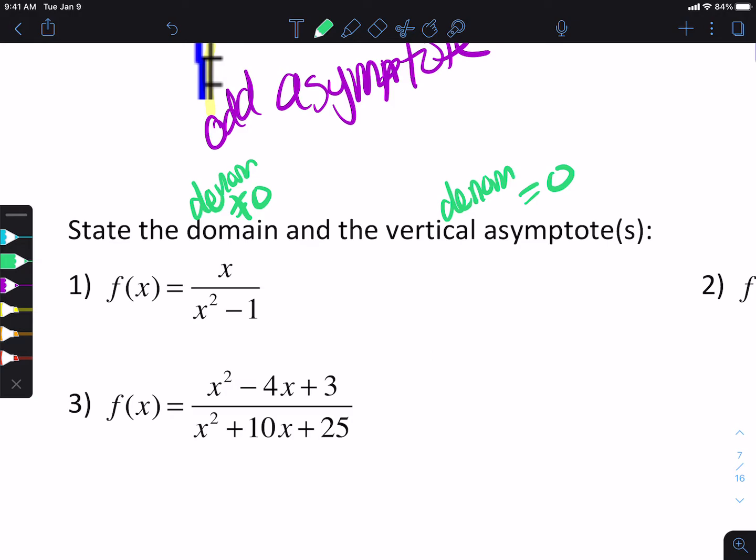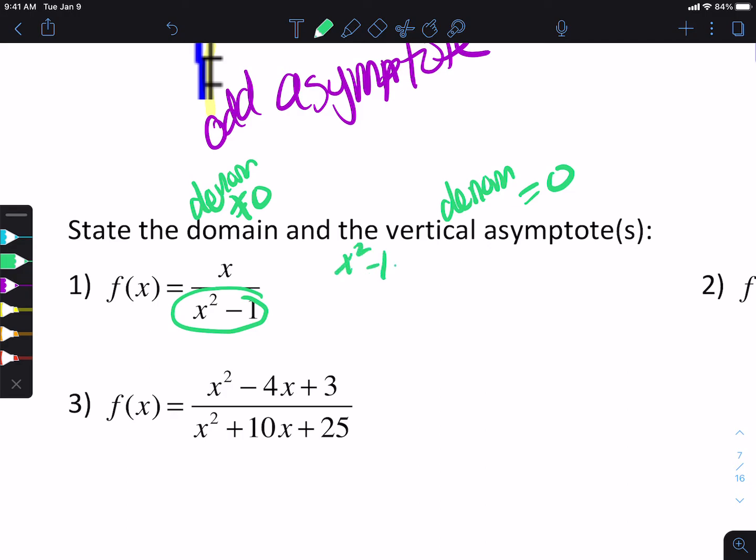Again, you could set it not equal to 0 and be like, oh, that's the domain, and then negate it so that it's x equals, and then those are your vertical asymptotes. What I need you to know is that your vertical asymptotes are x equals and your domain is x cannot equal. Okay? So remember, the vertical asymptote comes from the bottom because we don't want that to equal 0, because if it equals 0, we're dividing by 0.